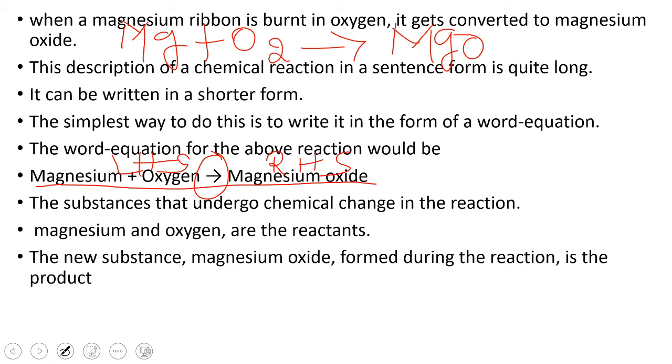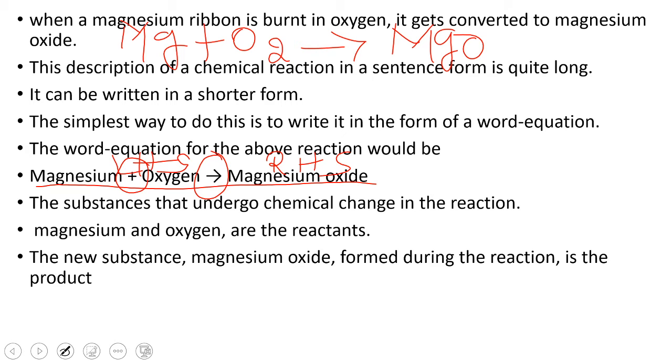Always reactants must be written on the left hand side and products on the right hand side. If more than one reactant is there, that can be shown with a plus sign. Even on the product side, if you have more than one product, that can be shown by adding a plus mark, right? So this is about the word equation, and this is also quite long.